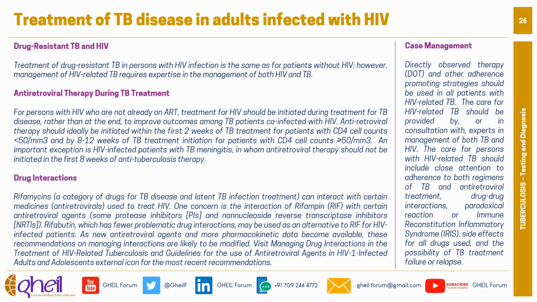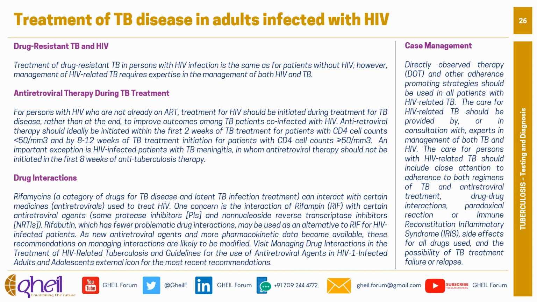One concern is the interaction of rifampin, RIF, with certain antiretroviral agents, some protease inhibitors, PIs, and non-nucleoside reverse transcriptase inhibitors, NNRTIs. Rifabutin, which has fewer problematic drug interactions, may be used as an alternative to RIF for HIV-infected patients.